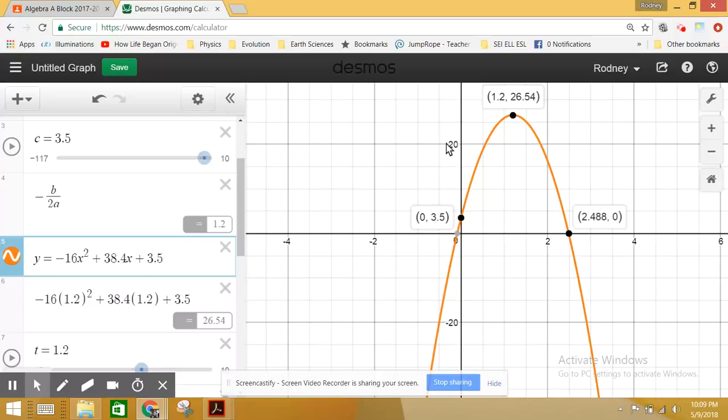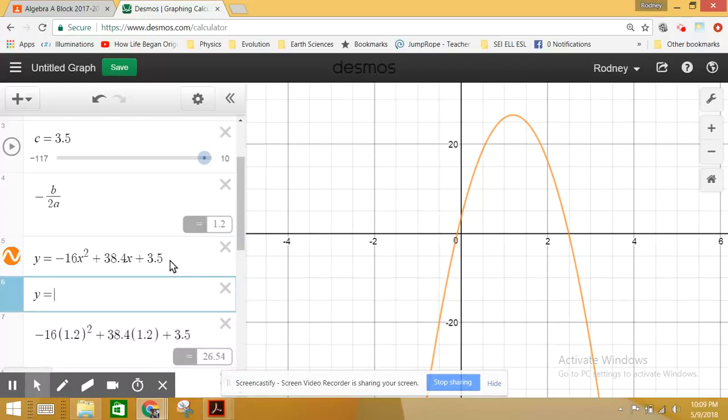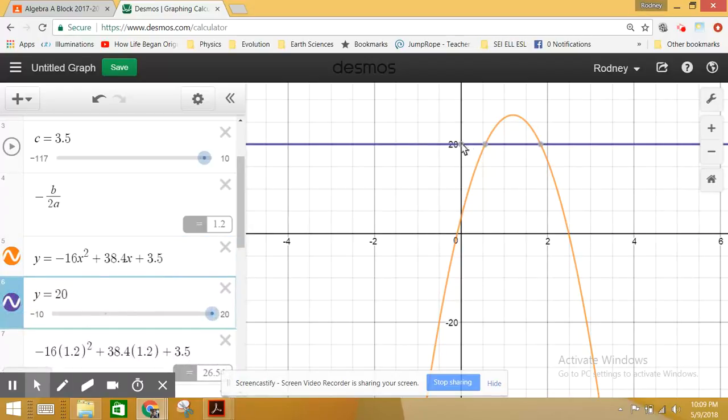We could figure out how long it took the ball to get to 20 feet. If we said y equals 20, we have a horizontal line at 20 feet. It gets there in 0.56 seconds, and then it comes back down there in 1.84 seconds. I rounded 1.839 there.